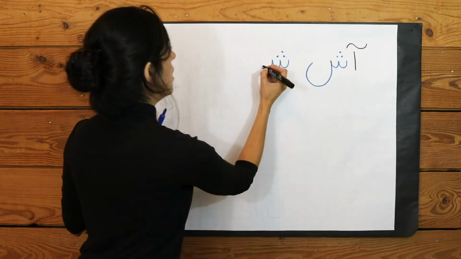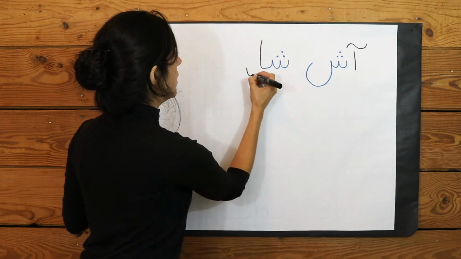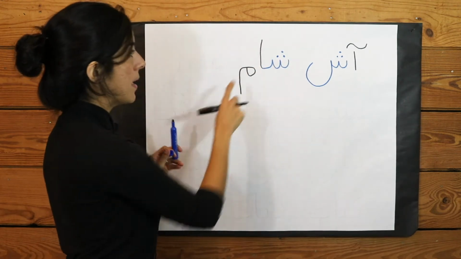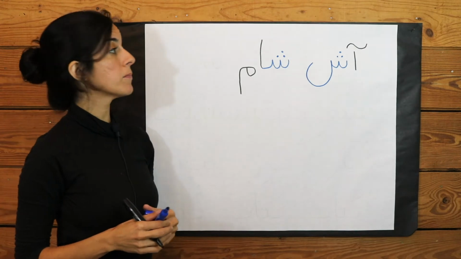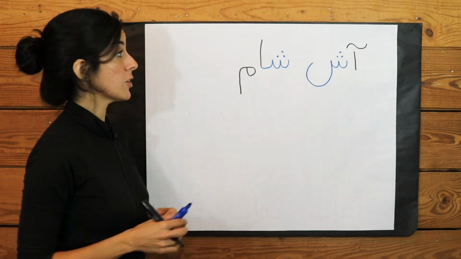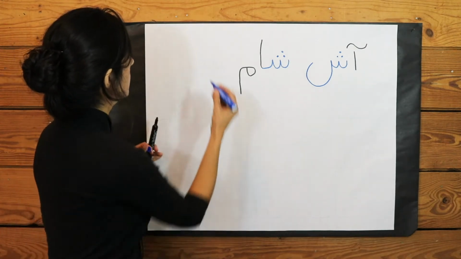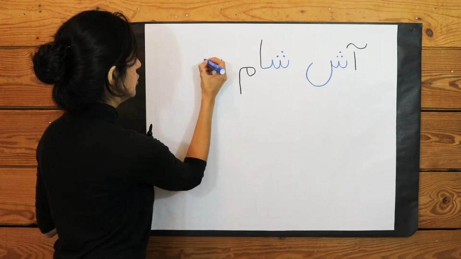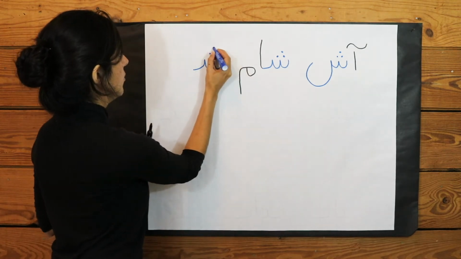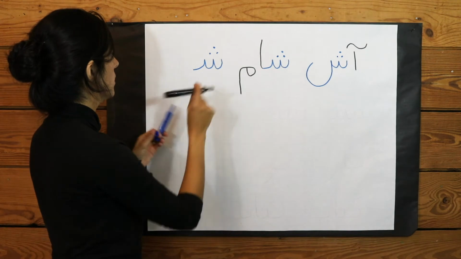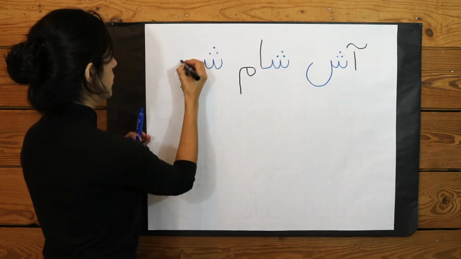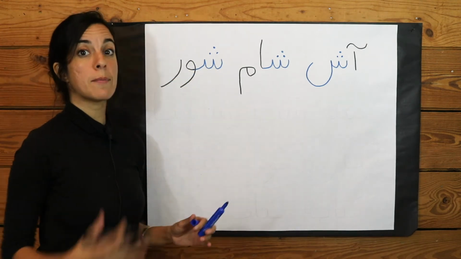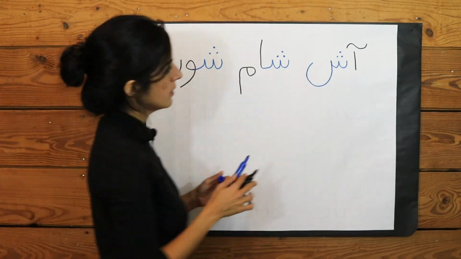She with a followed by a me is sham, and that is dinner, sham. A she followed by an u, and ending with re is shur, and that means sour, shur.